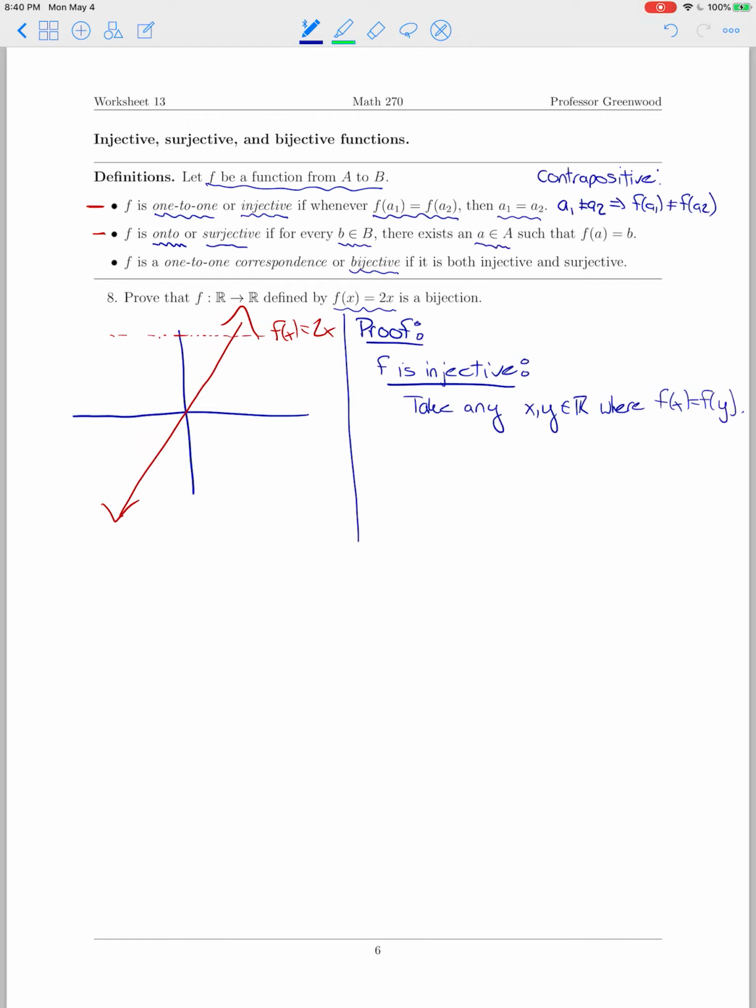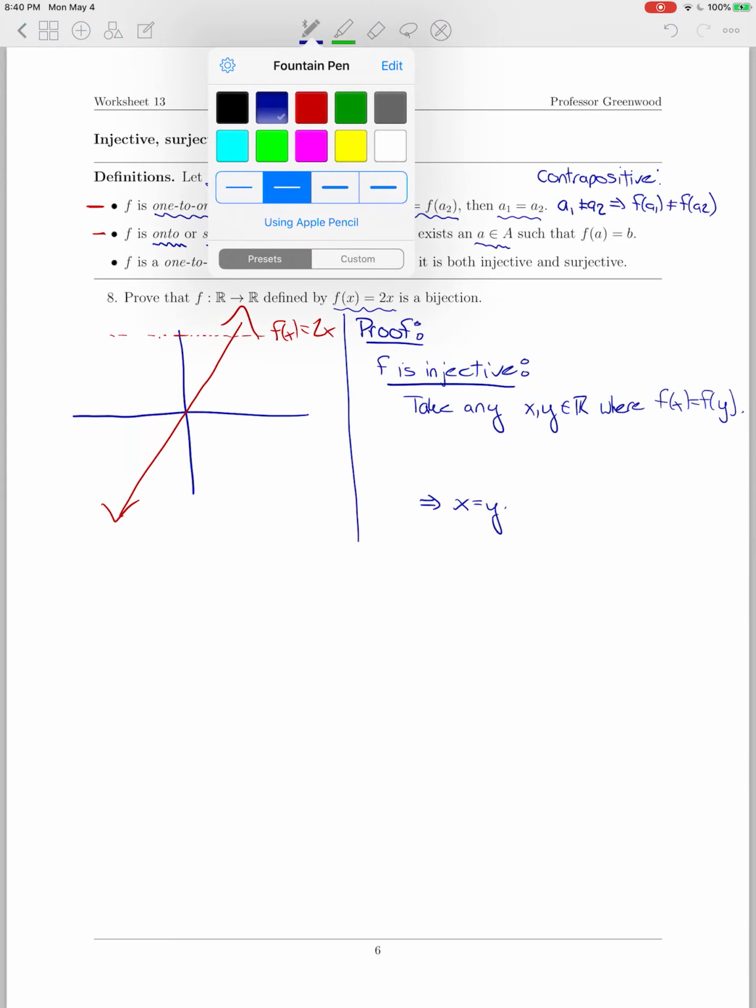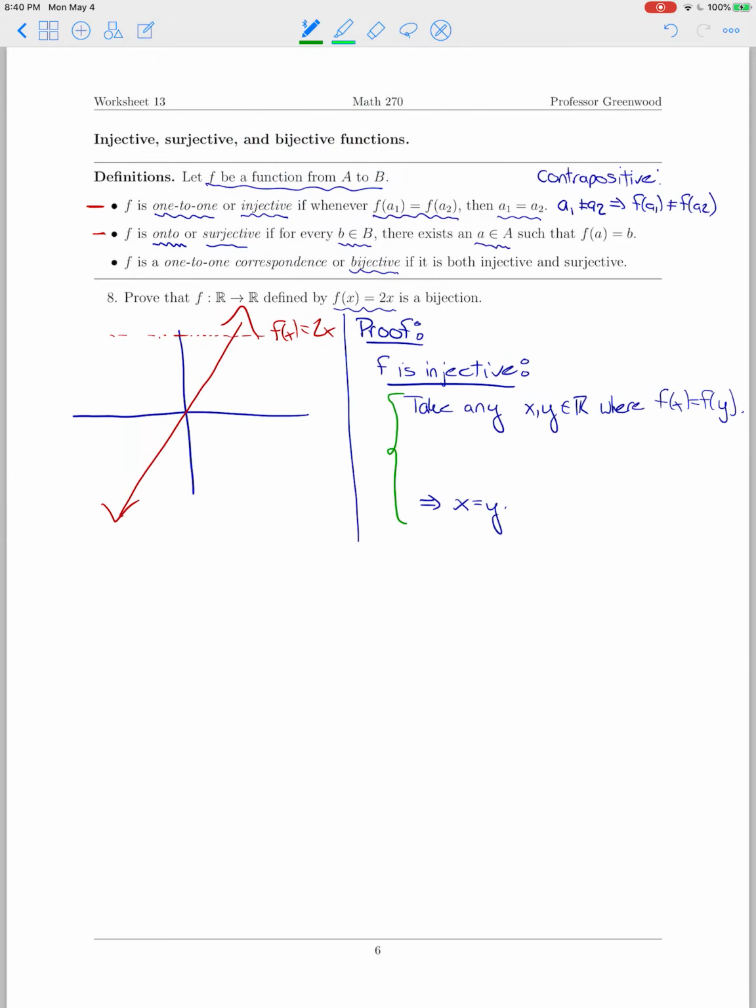I'm starting by assuming that we have some inputs where the outputs match. Then my end goal should be to show that the inputs had to match as well. In between here, I just need to use the definition of the function. But always this sort of outline, between take any inputs where the outputs match and then show that the inputs are equal, is the structure for an injective proof.